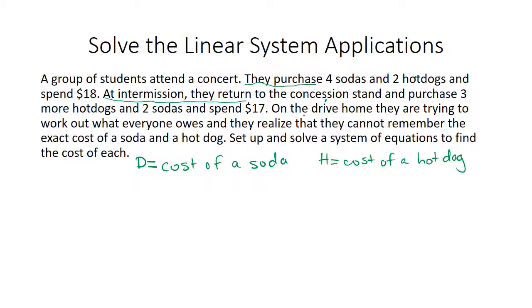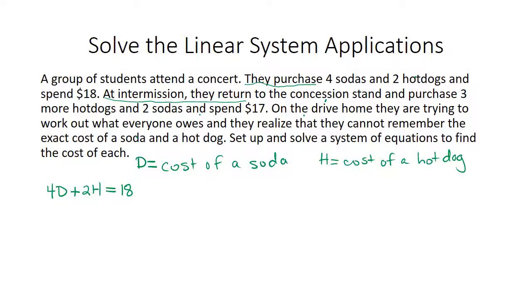If they started by purchasing 4 sodas, and we don't know the cost of a soda, but we're calling that cost D, then the amount they spent would be 4D. And 2 hot dogs means that they would have additionally purchased 2H. And their total amount that they spent would be $18 for their first purchase. At intermission, they return, and now they purchase 3 more hot dogs.